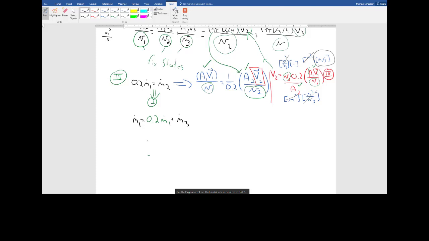And this is because it's at steady state. So if 20% of the mass flow is coming out at state 2, and we're at steady state, that means I'm not accumulating or losing any mass in my system. Well, in order to conserve mass, m dot 3 has to be 0.8 times m dot 1.